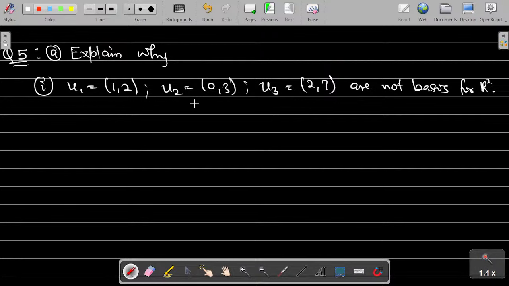Why are these three vectors not a basis for R2?